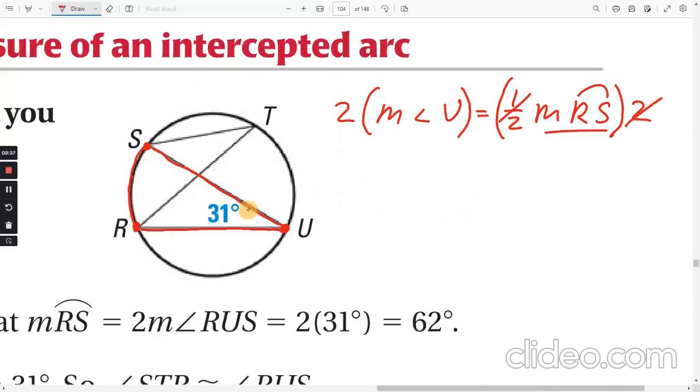We see angle U right here is 31 degrees, so 2 times the measure of angle U, which is 31, equals the measure of arc RS. 2 times 31 is 62.